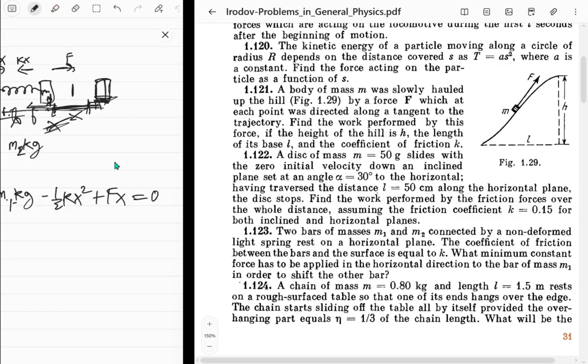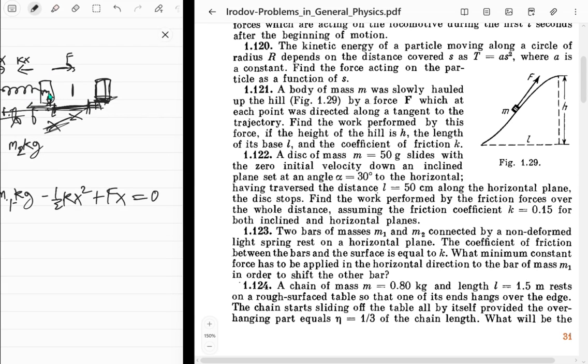So this is the farthest away that it could get, and there's only friction and this spring force; there's no other retarding force.